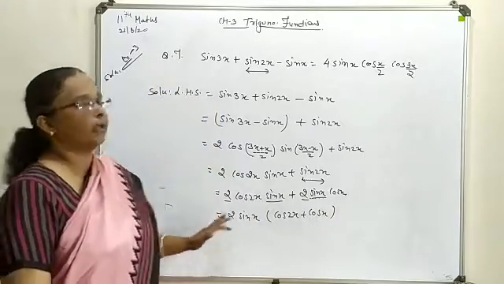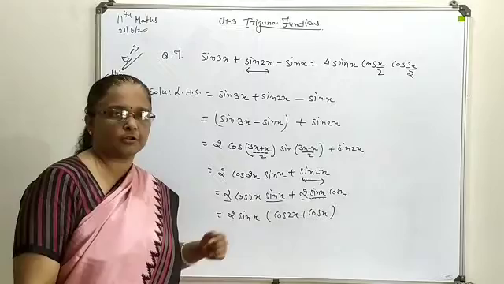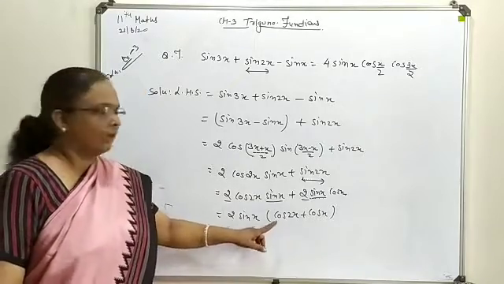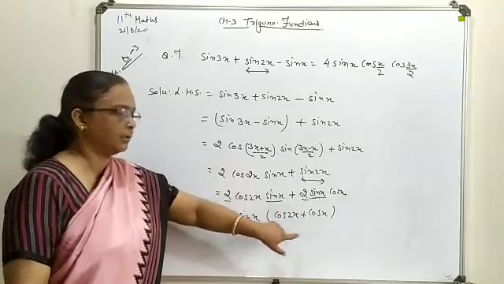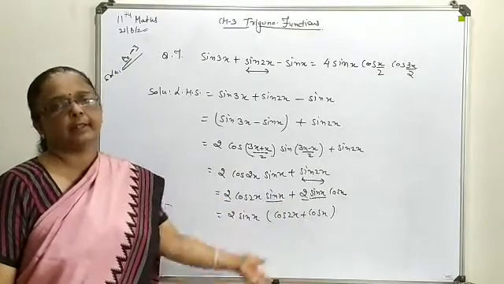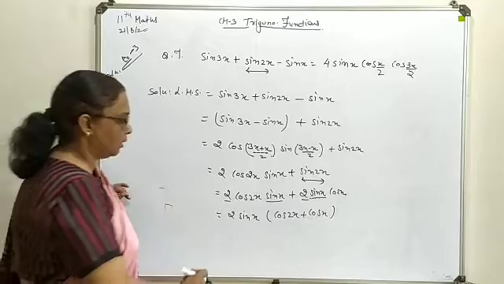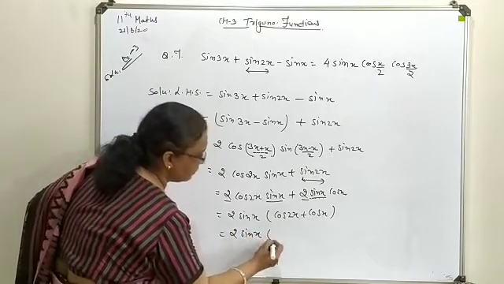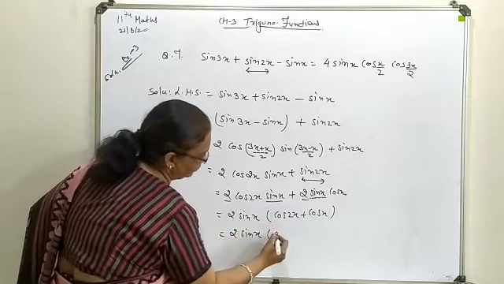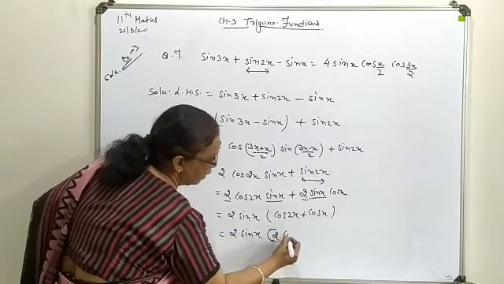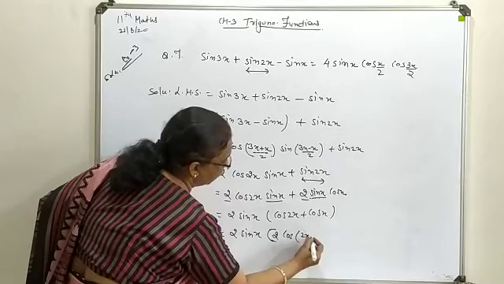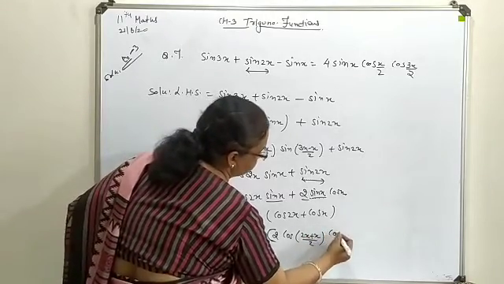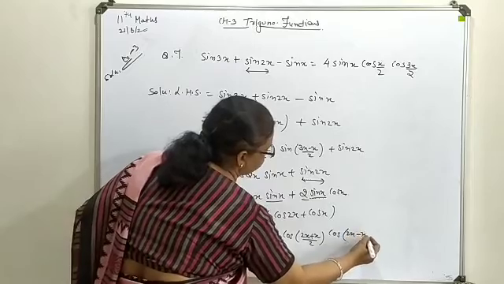Now again we are quite far from the solution form. So here again reapply the formula for your cos combination. It may be possible that you get the direct answer. So here you see this is 2 sin x, 2 cos (2x plus x)/2 cos (2x minus x)/2.